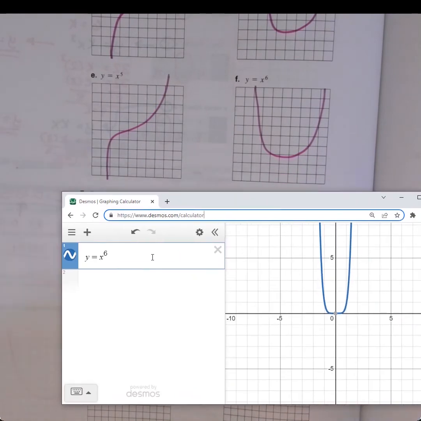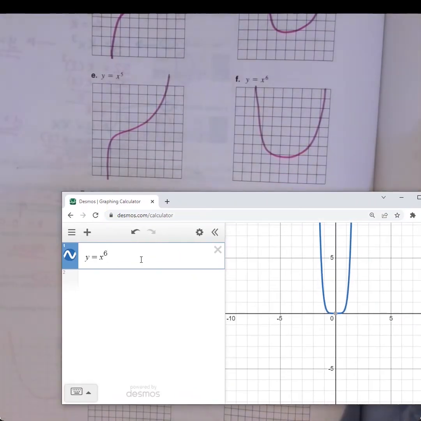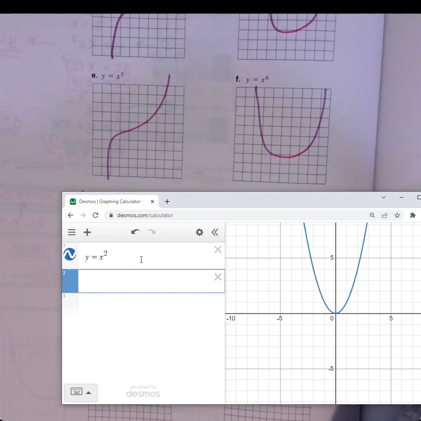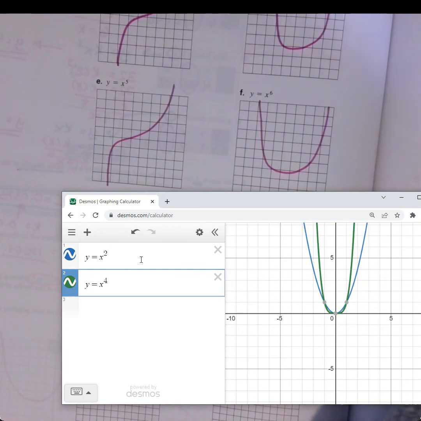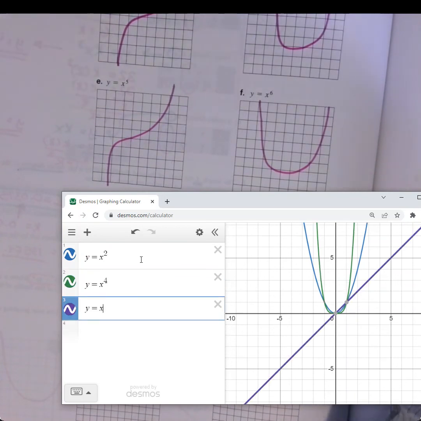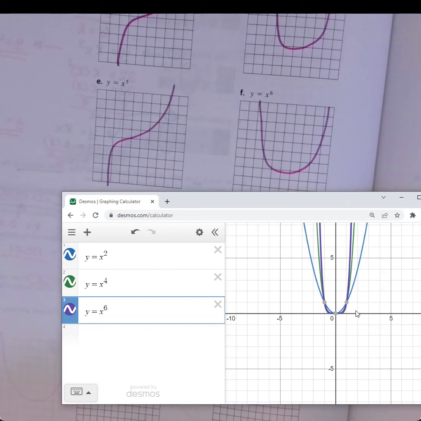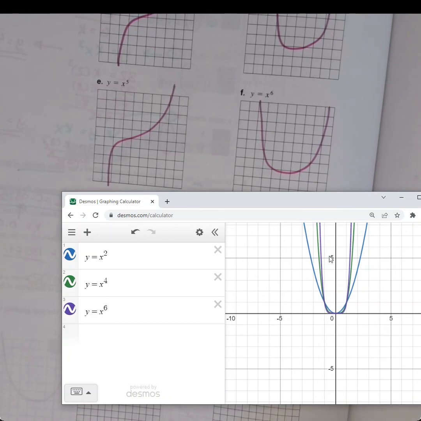Now I have to actually compare. We're going to look at x squared, x to the fourth, and x to the sixth on the same axes here. What's happening is that the bottom is flattening out, and also the graph is getting narrower, so it's getting taller. The widest one is the outermost one, the first one.